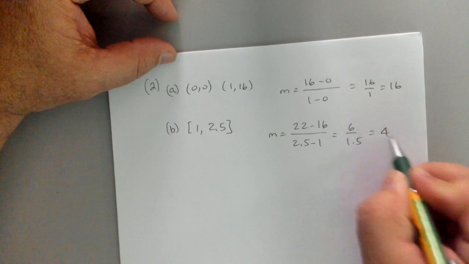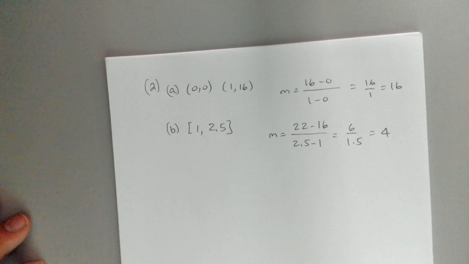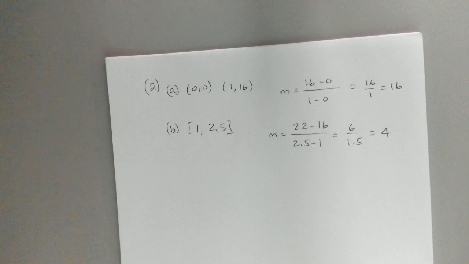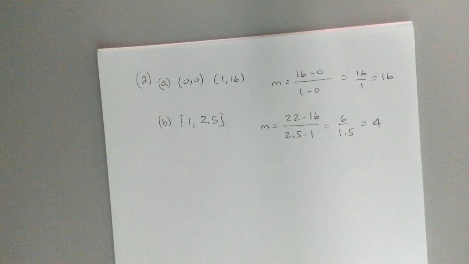Very good. That's exactly right. That was pretty quick, too. So everybody hear that? Take the y value, which is 22, minus 16, over 2.5 minus 1, which is this.